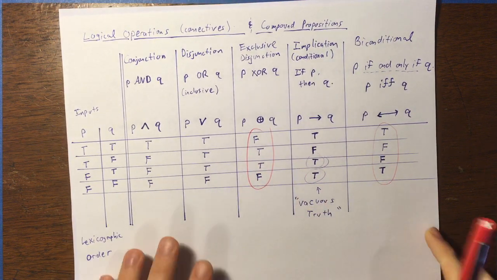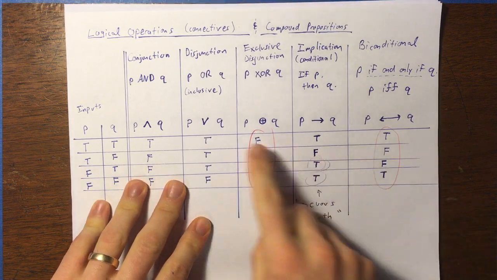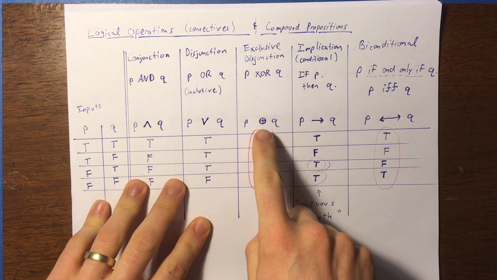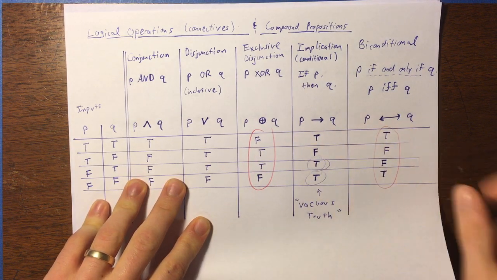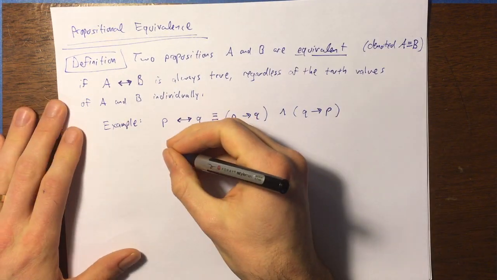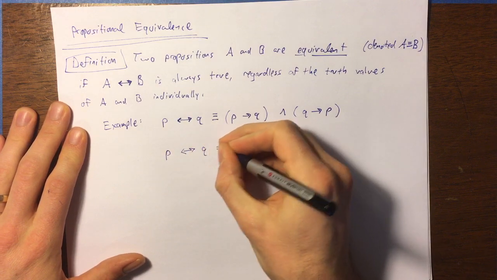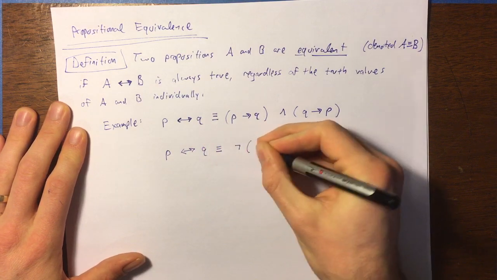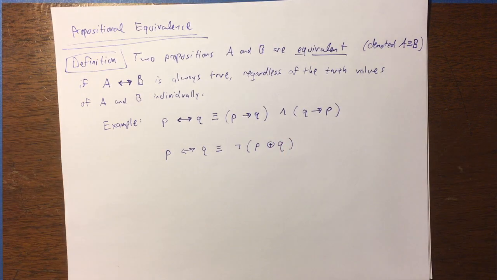They're exact opposites of one another. We have a name for that. It's called negation. So what we're looking at here is the column for exclusive disjunction, XOR, and then the if and only if. So if they're the exact opposites, then we could actually say that P if and only if Q is equivalent to the negation of P XOR Q. And that is true. That's an equivalence.